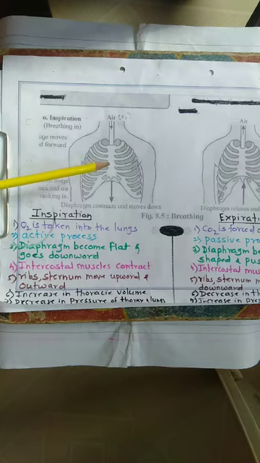During inspiration, the dome-shaped diaphragm becomes flat and goes downward. The external intercostal muscles contract, and due to this contraction, the ribs and sternum move upward and outward.